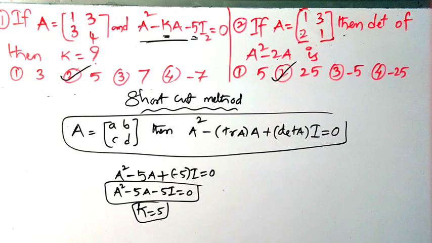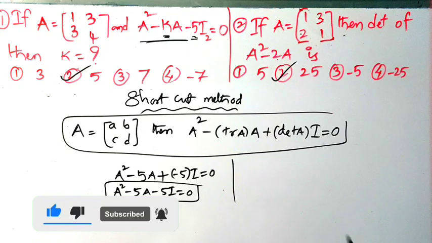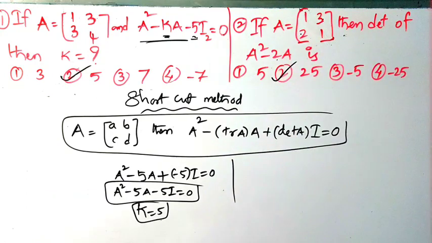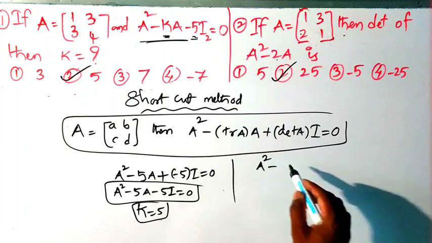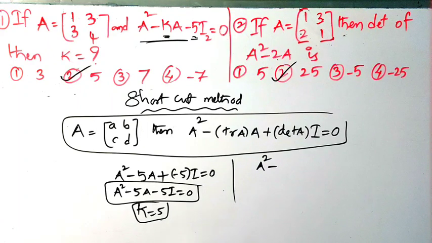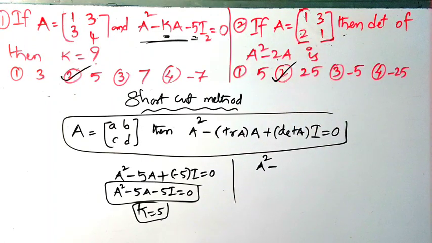So next we go to this problem. Same here also, for this matrix I will write this condition. A square minus trace of A, that is nothing but the sum of diagonal elements, 1 plus 1, so that is trace.